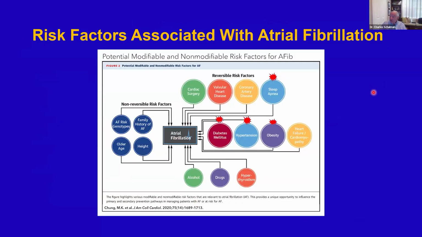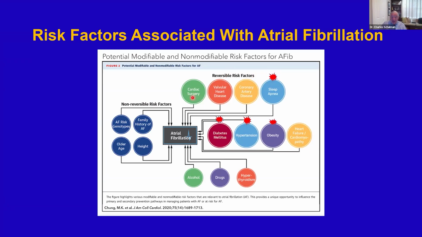Turning to the risk factors associated with atrial fibrillation, there are a number of them shown here. There are some non-reversible ones, including certain risk genotypes, older age, family history, and reversible ones.